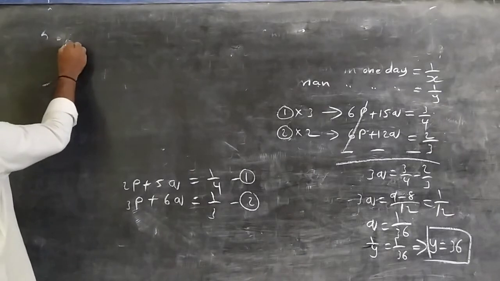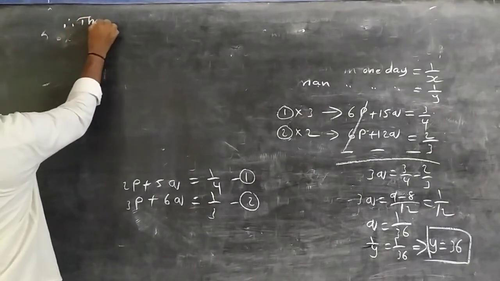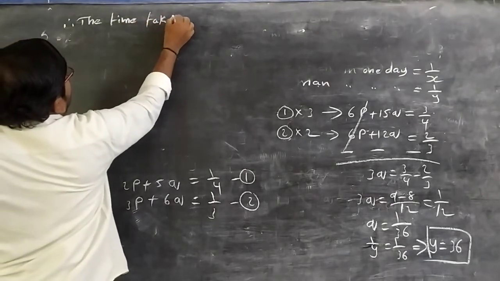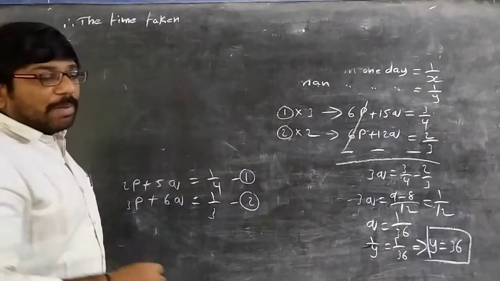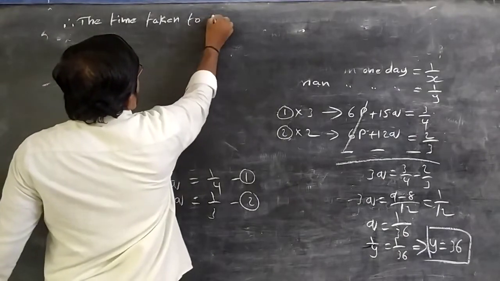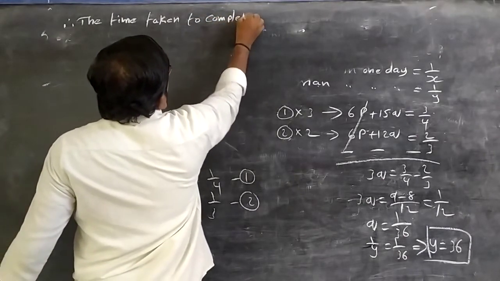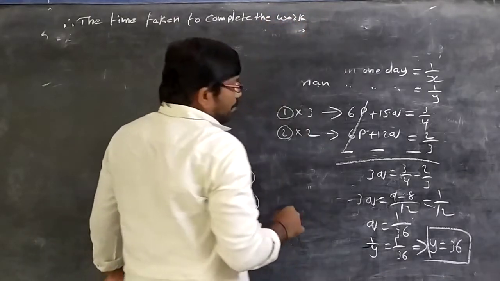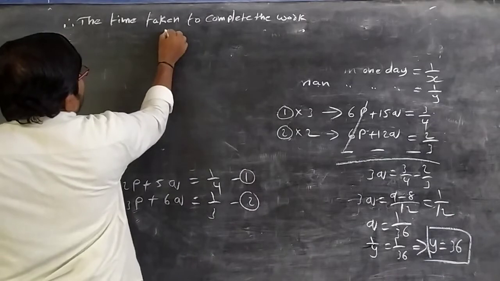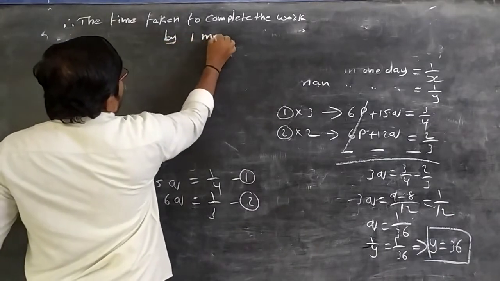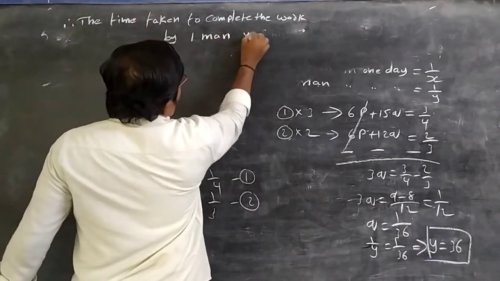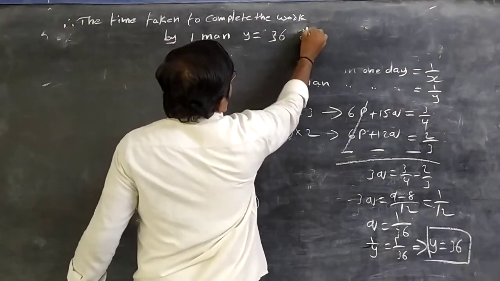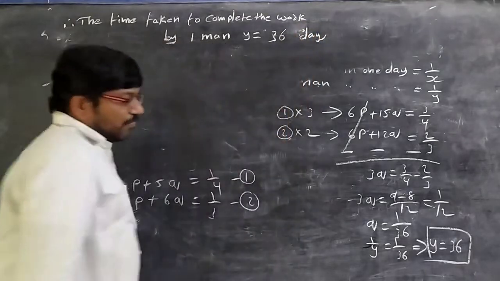So therefore, the time taken to complete the work by one man, y, is equal to 36 days.